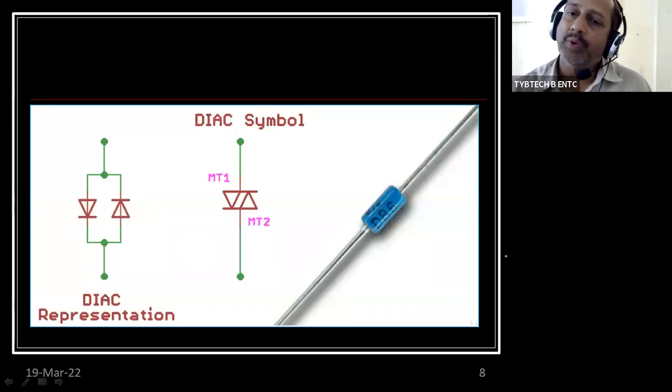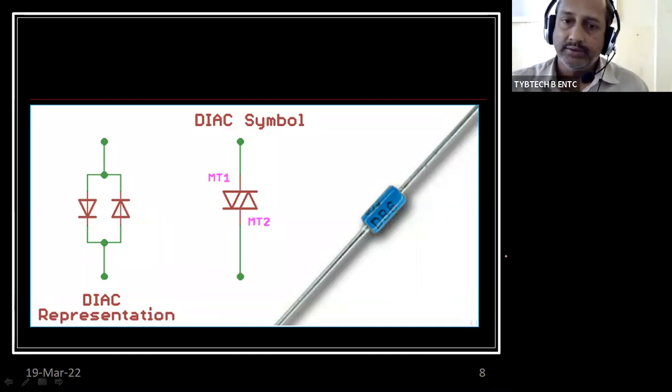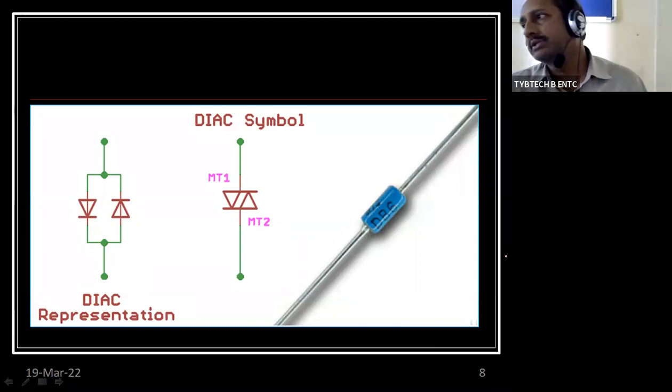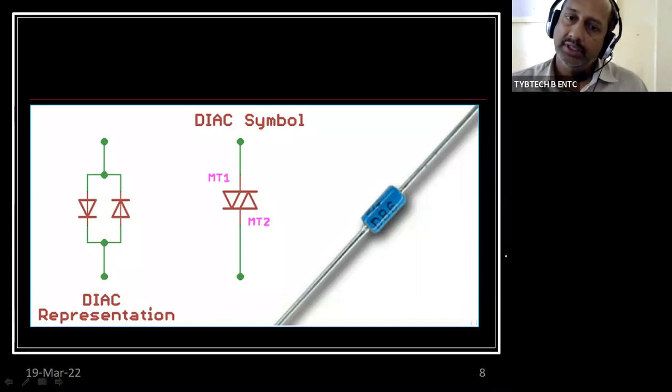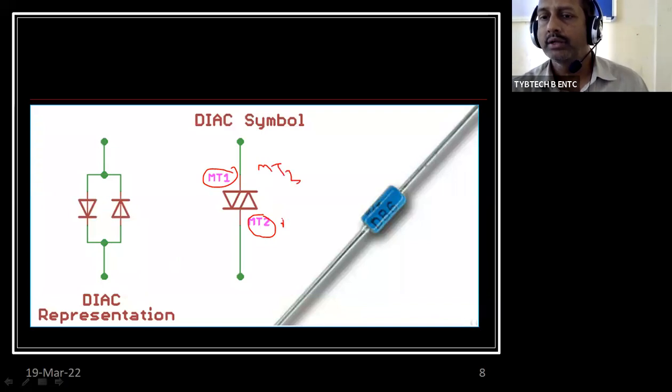So this is the symbol for the DIAC. Two diodes are connected back to back as shown in this diagram. That is, the anode of one and the cathode of the other are connected, and that is treated as one terminal. Here they have shown MT1 and MT2. You might see MT2 here and MT1 there. Depending on that, the flow of current is decided.